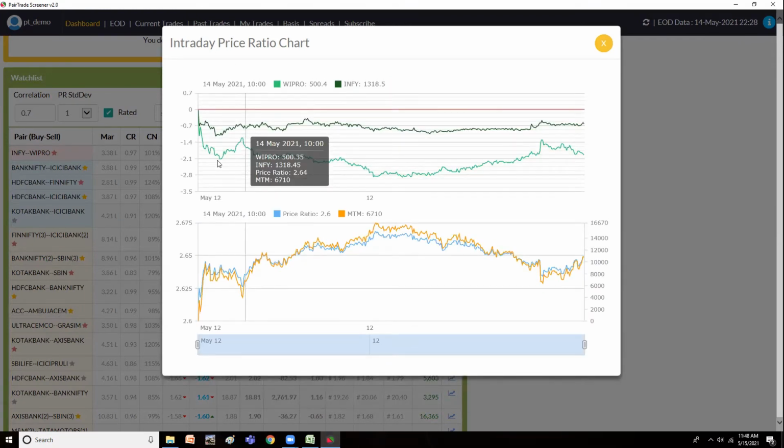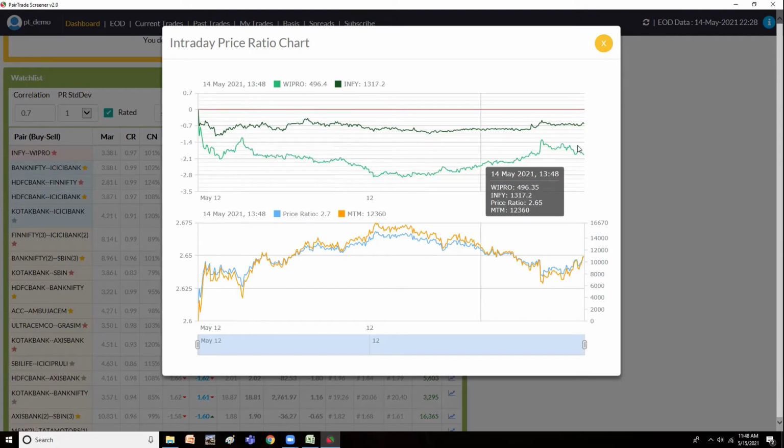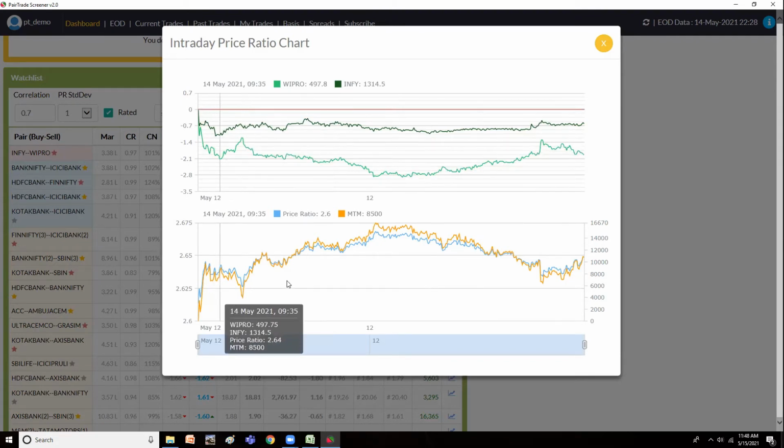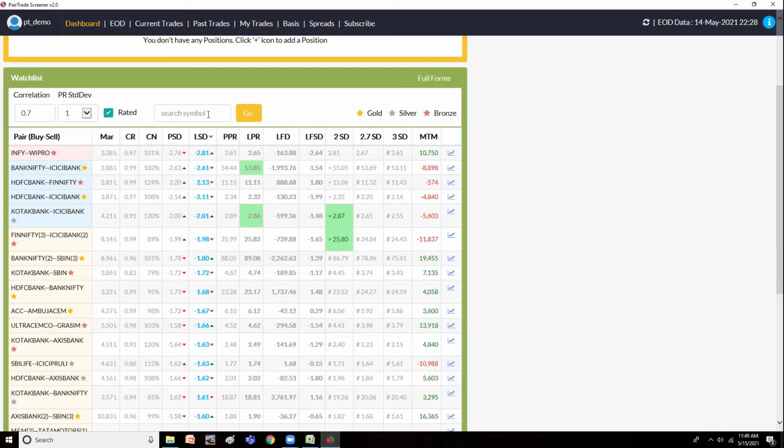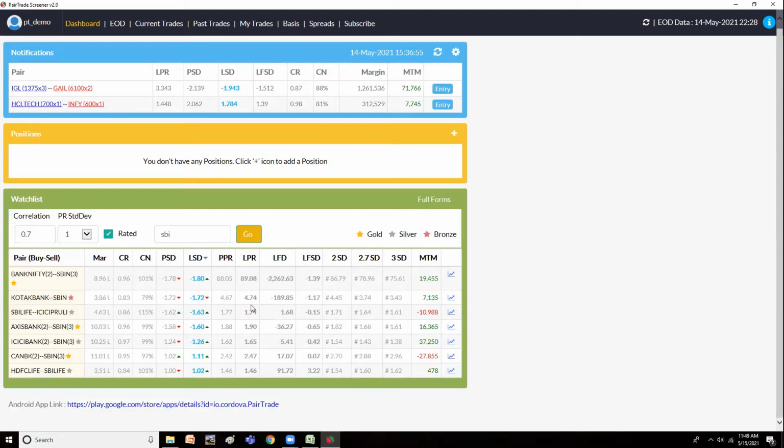So how the individual prices have moved the whole day, and what the price ratio and the M2M are. I could use the search symbol also. I could see SBI and all the pair combinations, how they have moved. So that way I know in this SBI which one is outperforming, which one is underperforming.